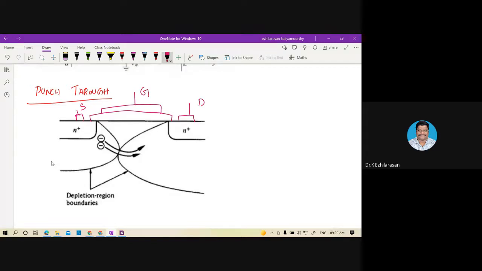Now we can see the depletion region boundaries. You can see the depletion region here, and you can see electrons move from this.